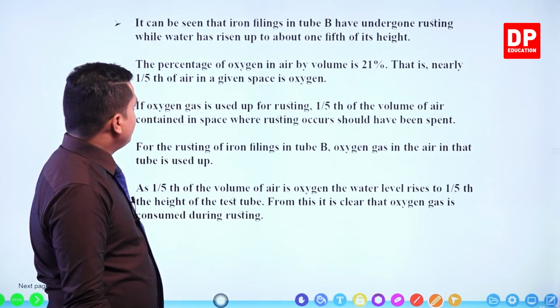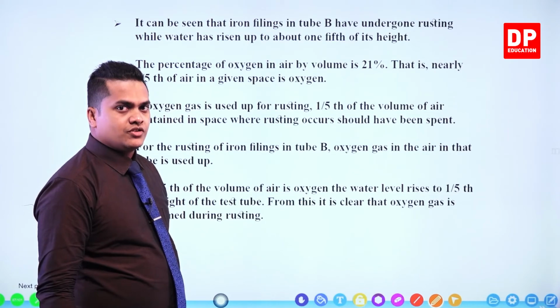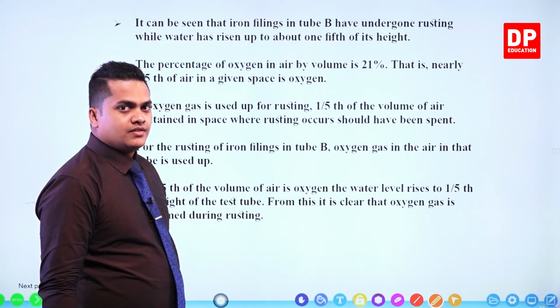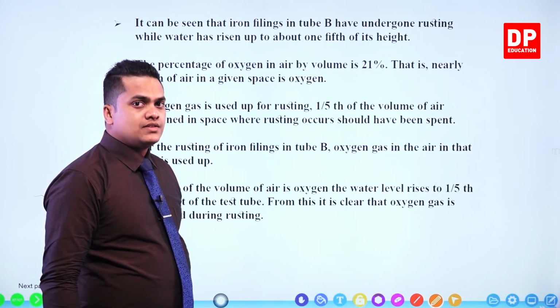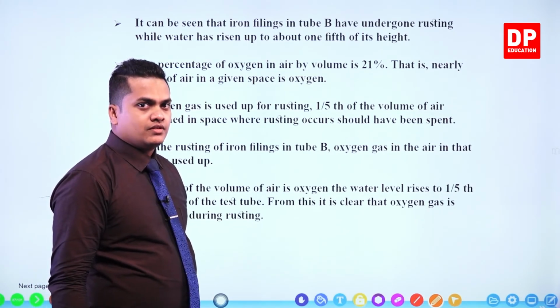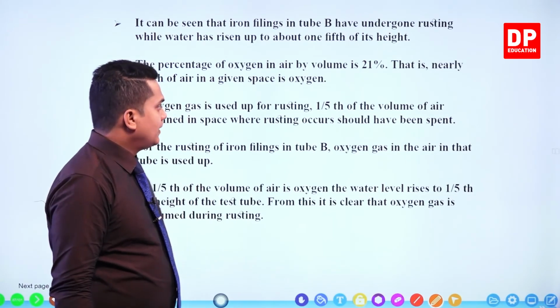That is nearly 1/5 of air in a given space is oxygen, right? So 1/5 of the amount of air particles is oxygen, right? About 1/5, not exactly, about 1/5.